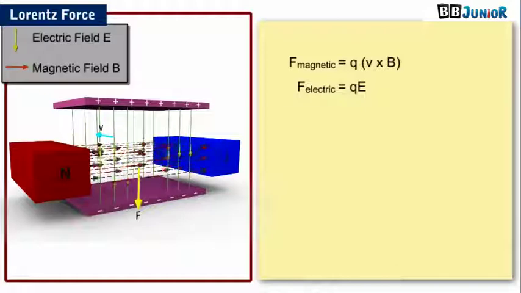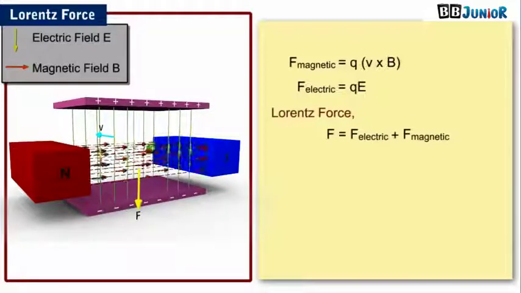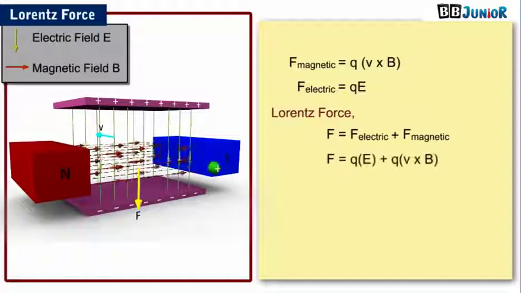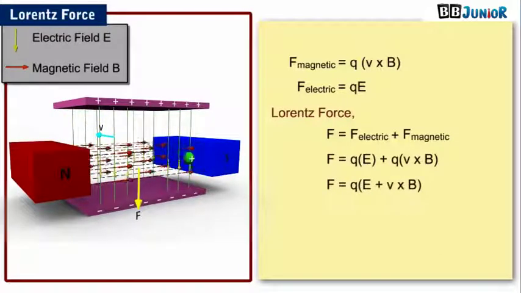Thus, Lorentz force F is equal to F electric plus F magnetic. That is, F is equal to QE plus Q into V cross B, which can be written as F is equal to Q into E plus V cross B.